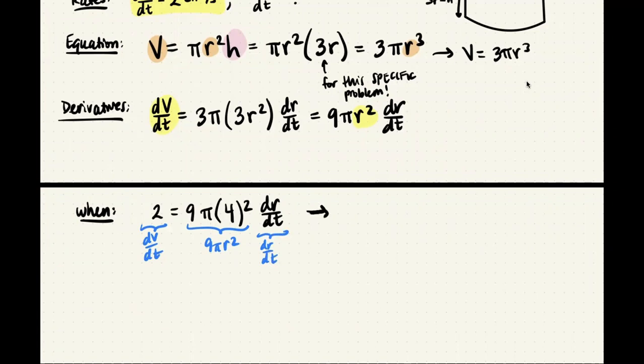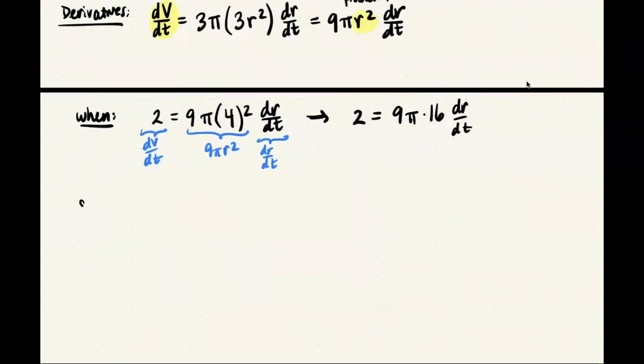So really I've got 2 equals 9 pi times 16 dr/dt, and I want to solve for dr/dt.